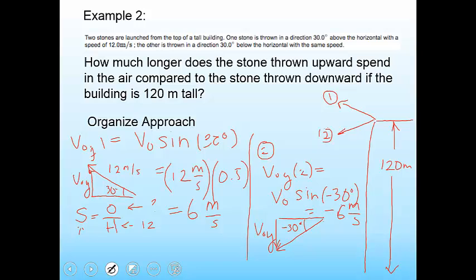Cosine of 30 degrees is the same as cosine of minus 30 degrees. That makes sense because both of these vectors are pointed in the same direction for Vx. I'm sorry, I flipped this around. If I flip it around, x is positive in that direction and y is positive up still. But for what we're doing, we're only concerned with y in this one.